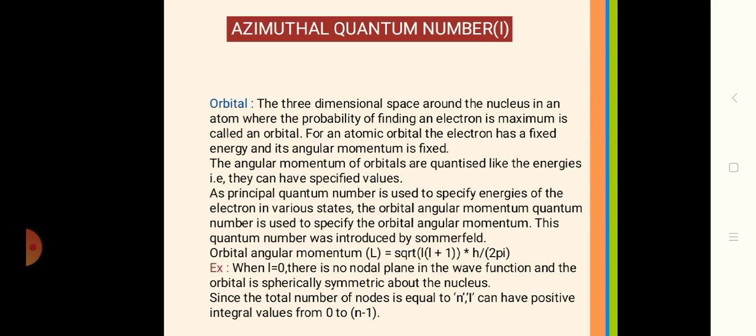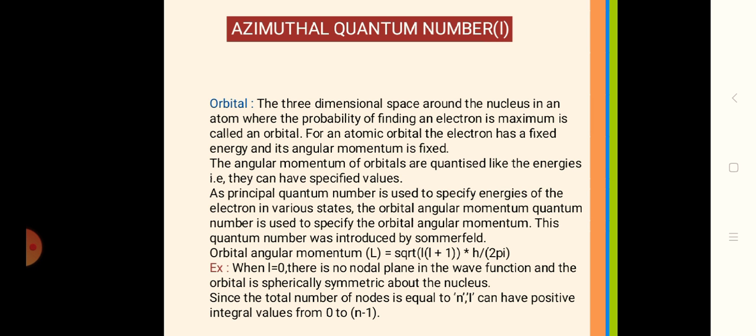The angular momentum of orbitals are quantized like the energies, that is, they can have specified values. As principal quantum number is used to specify energies of the electron in various states, the orbital angular momentum quantum number is used to specify the orbital angular momentum.